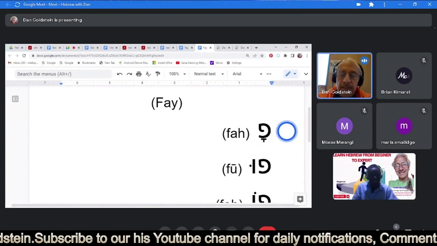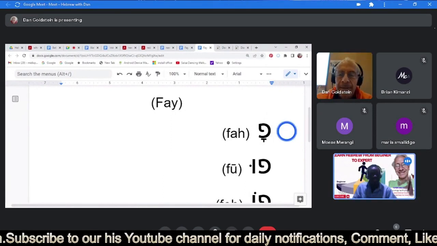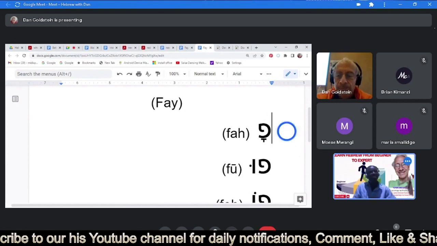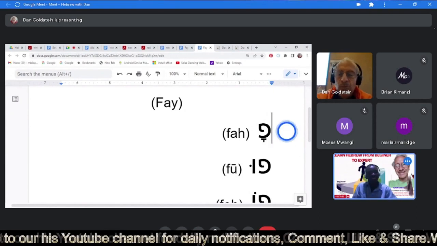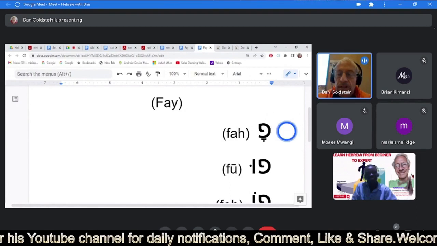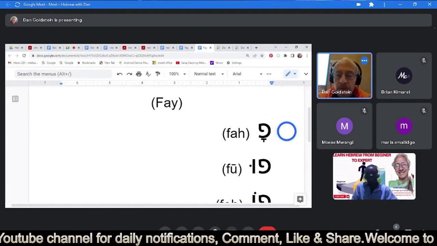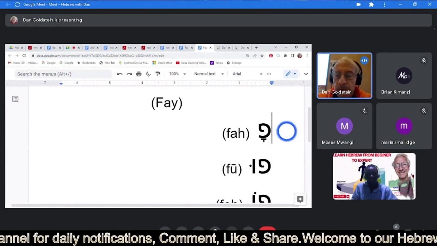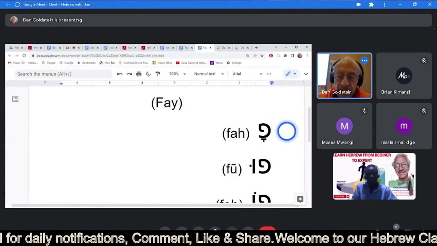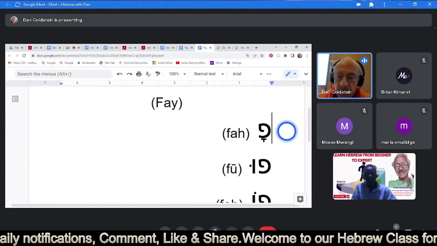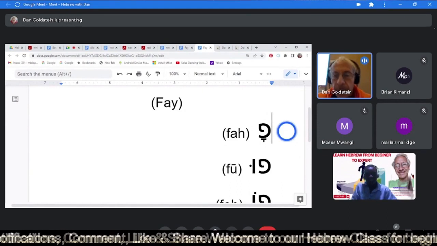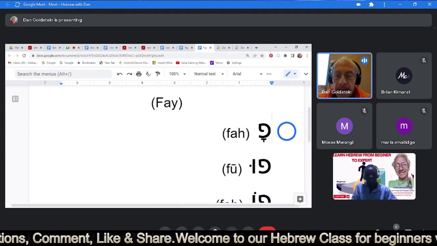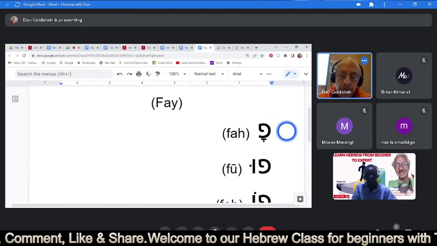That is what may be confusing, because they look similar. So we will have an opportunity to see both a pay and a fe. And they are sisters. So we'll have an opportunity to see them side by side and understand better what the difference is.